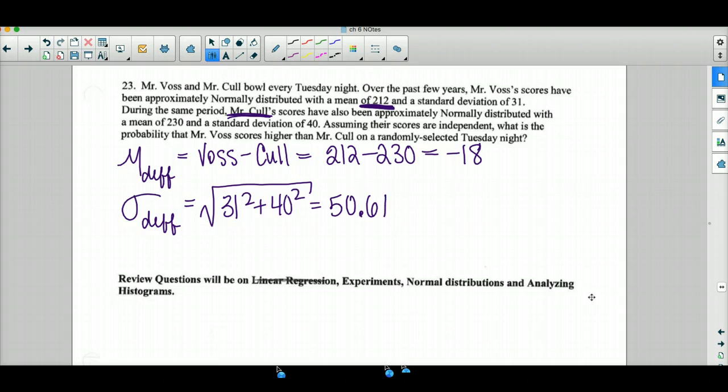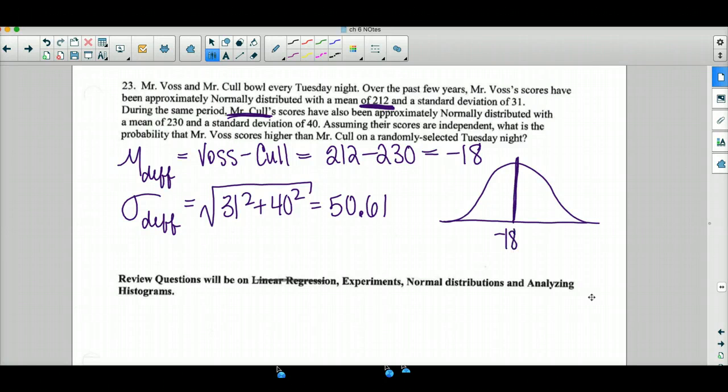Now, we want to know what is the probability that the difference is greater than 0. How likely do you think it is that Voss beats Cole? Does Voss normally beat Cole? No, because Voss is at 212 and Cole is at 230. So their mean difference is negative 18.